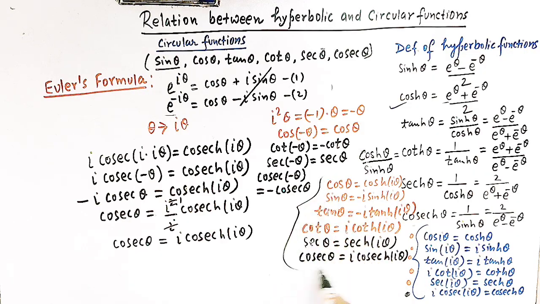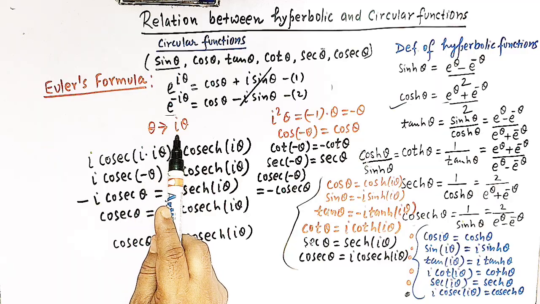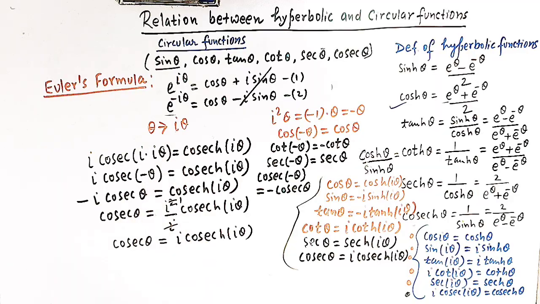So viewers, these six relations can also be expressed like this by replacing theta by iota theta. This is how we can derive the relationship between hyperbolic functions and circular functions.